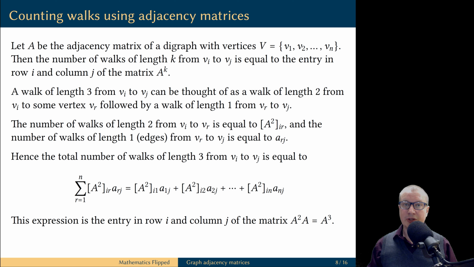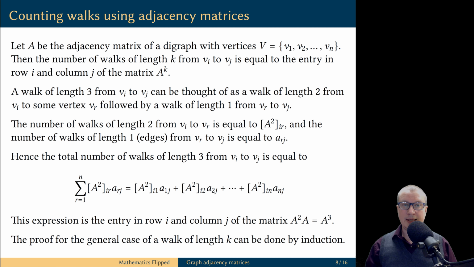We multiply the matrix A squared by the matrix A, and therefore this is the entry in row i, column j, of the matrix A cubed. And now you can extend this argument by induction to prove that this also happens in case of a walk of general length k.